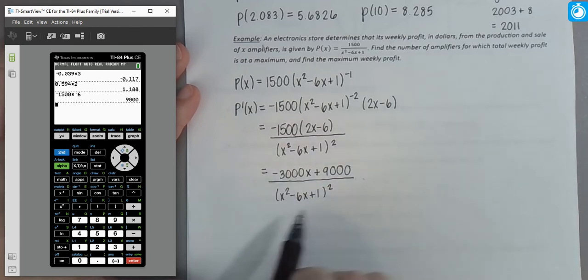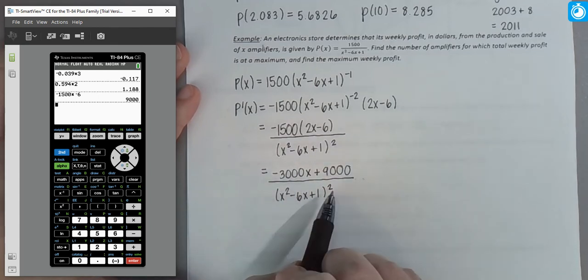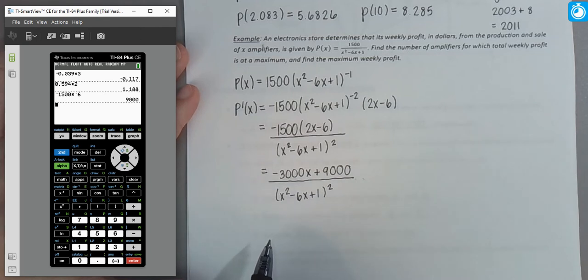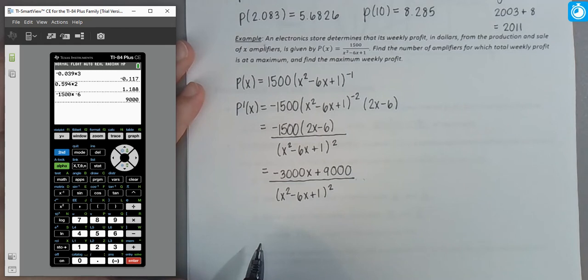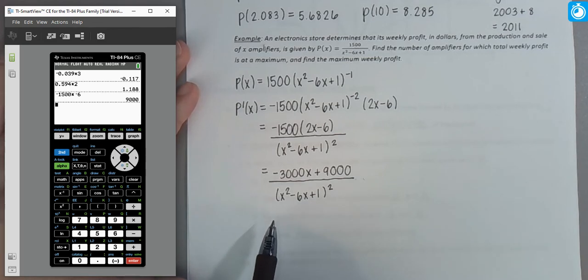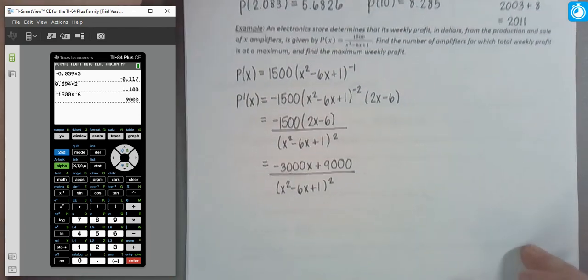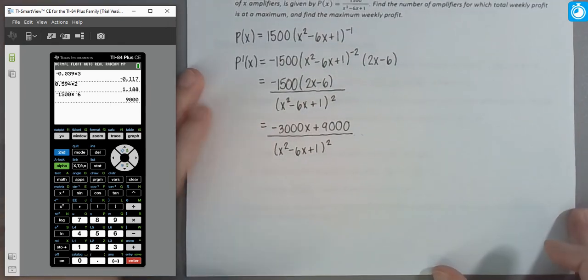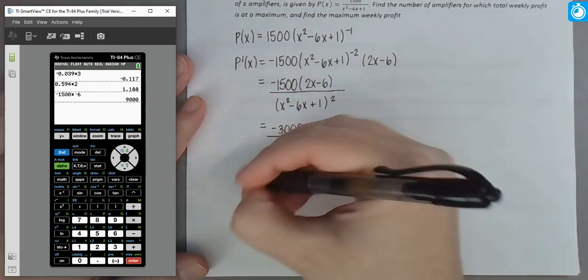Because this derivative has a denominator, if the denominator is 0, then it's undefined, which means we have another critical value. So if there's an x value that makes the denominator 0, that also represents a critical value. We need to split this up and look at our numerator and our denominator independently.